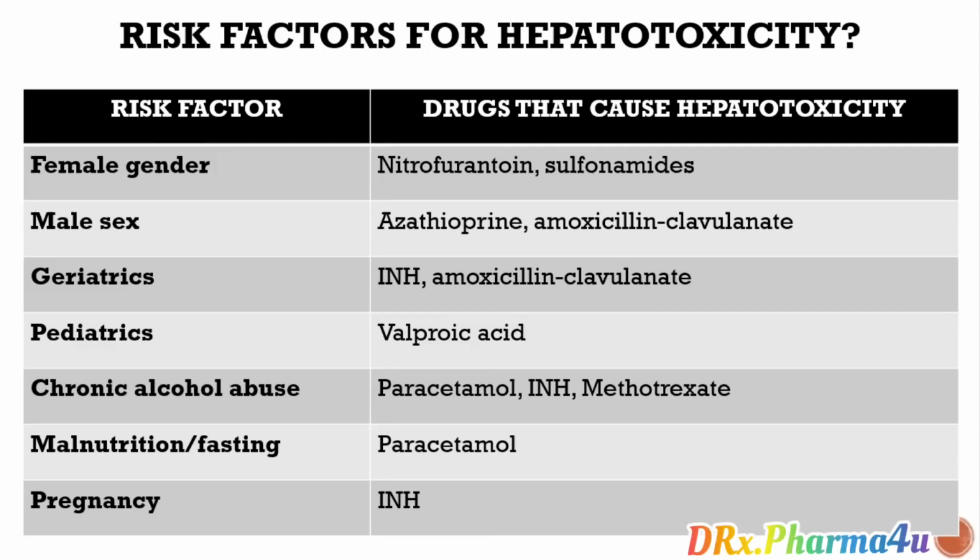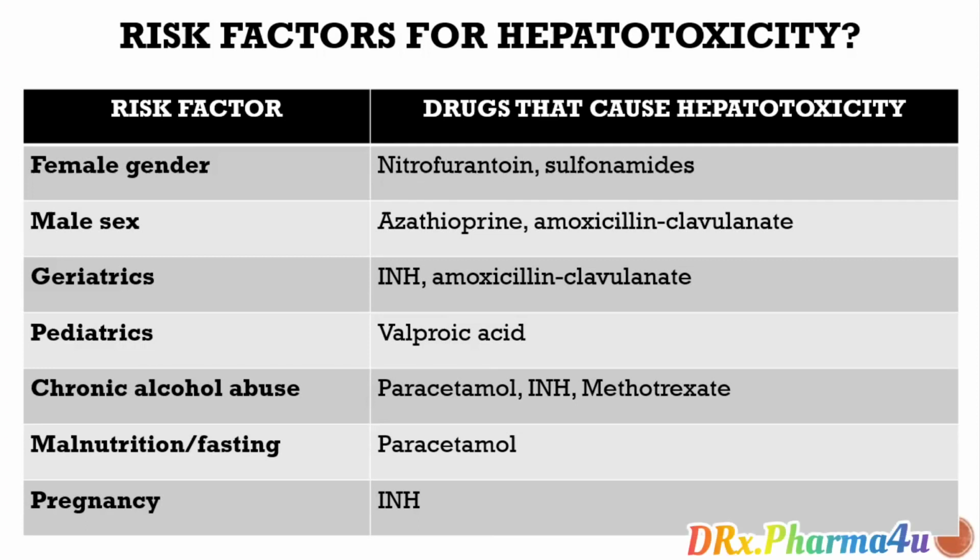Then when we come to geriatrics, that means old age people above the age of 60 or 65, isoniazid and amoxicillin clavulanate have been shown to cause hepatotoxicity or at least increase the risk of hepatotoxicity. If it is pediatrics, then valproic acid has a very big risk factor, because that is why valproic acid should never be used in pediatrics under the age of 2. There is another reason for it. It causes pancreatitis.